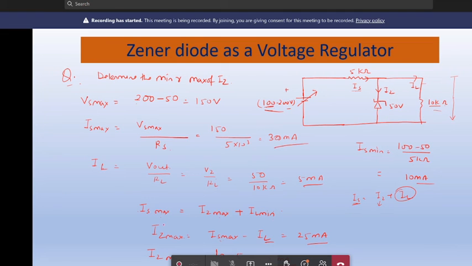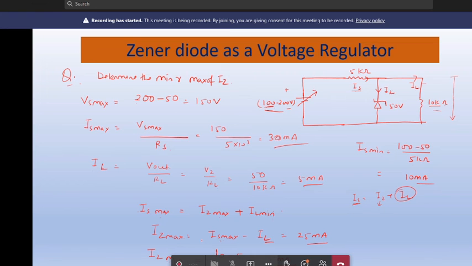Similarly, if I say IZ minimum, the minimum current is flowing through the zener, so the maximum current is flowing through the load, that will be IL max, right?